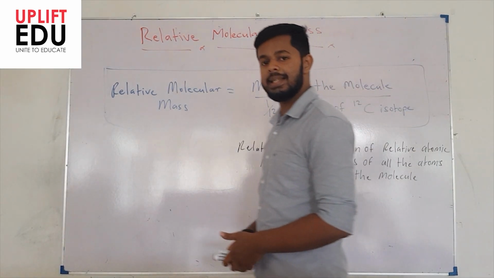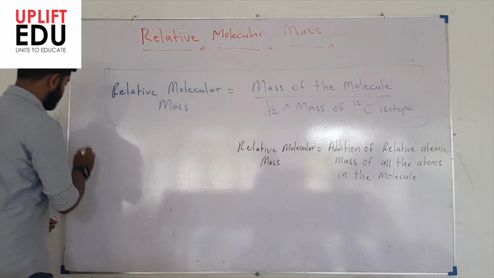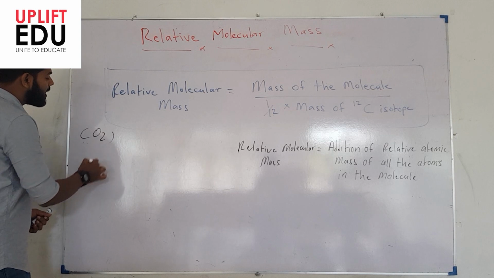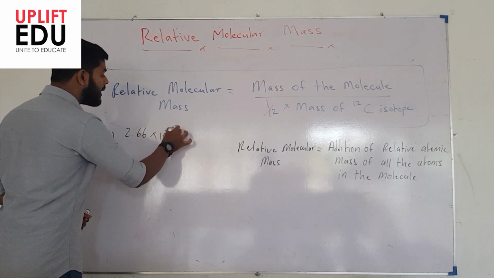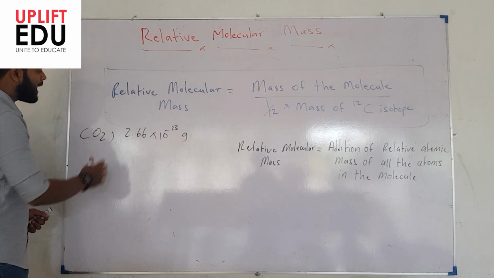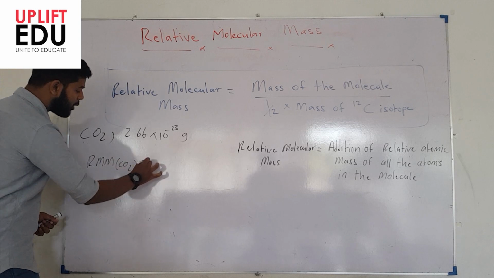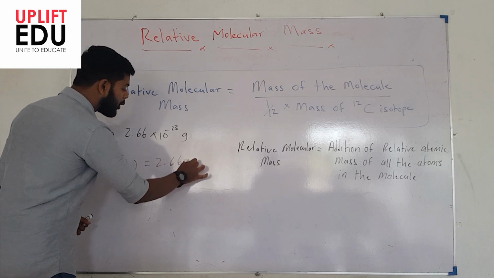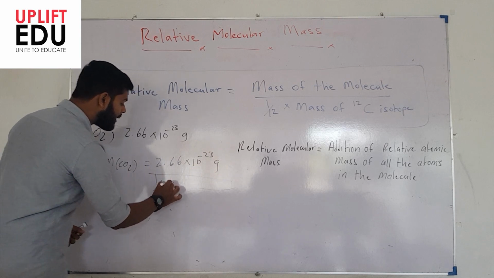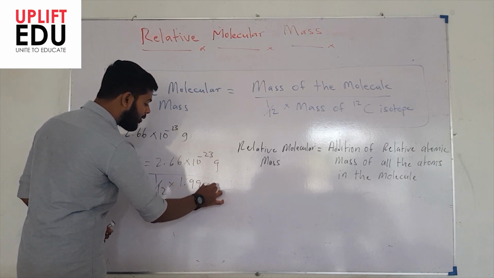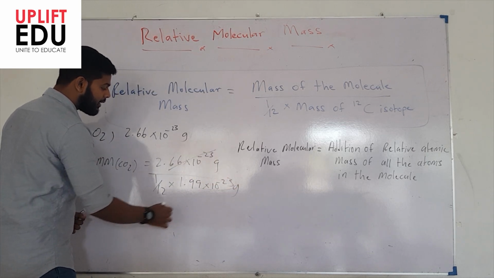Let me consider an example: finding the relative molecular mass of carbon dioxide. Carbon dioxide has an actual mass of 2.66 × 10^-23 gram. According to my equation, the relative molecular mass of carbon dioxide is equal to 2.66 × 10^-23 gram divided by 1/12 of 1.99 × 10^-23 gram.